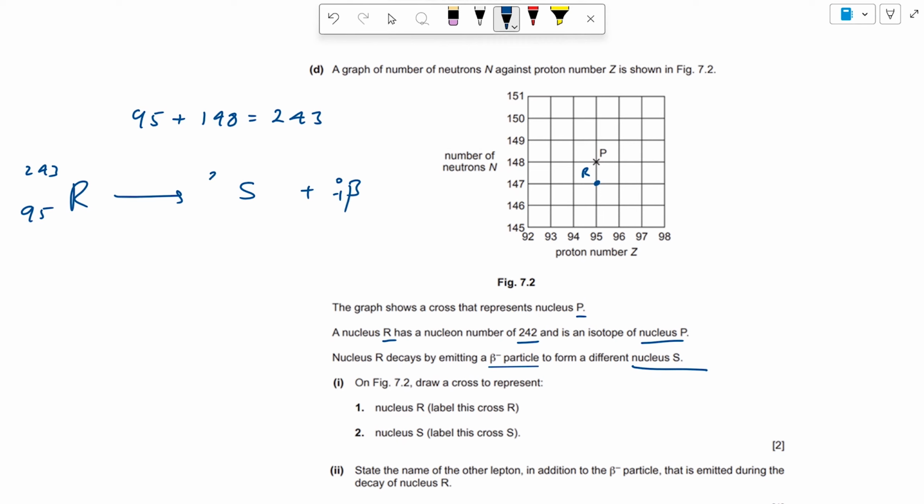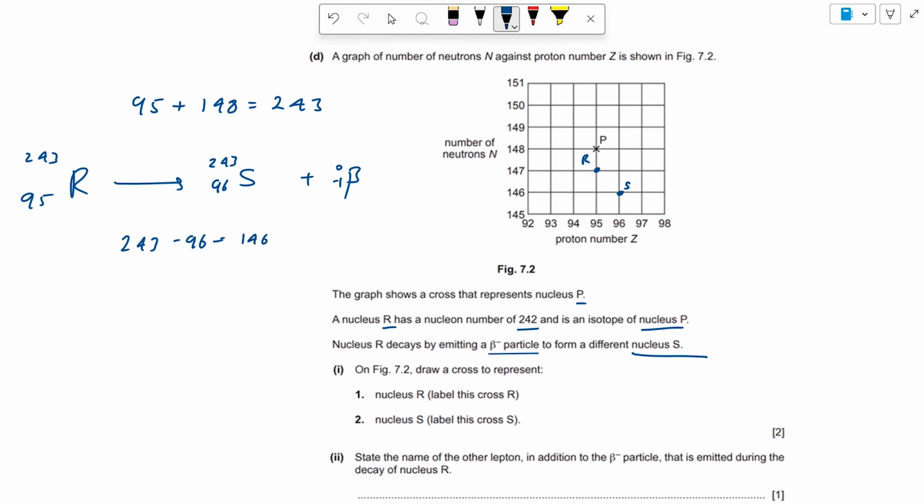Our nucleon number is going to remain the same, but our proton number is going to increase by 1. So 95 plus 1 is equal to 96. So 96, 243 minus 96 is equal to 146. There, that's S.